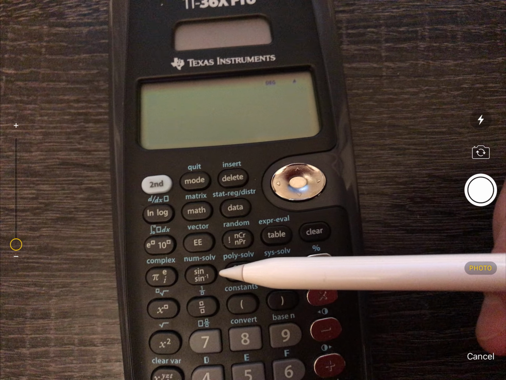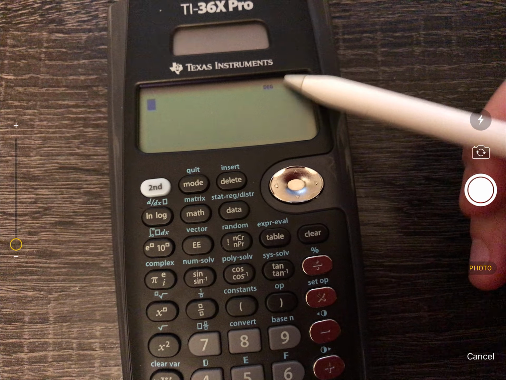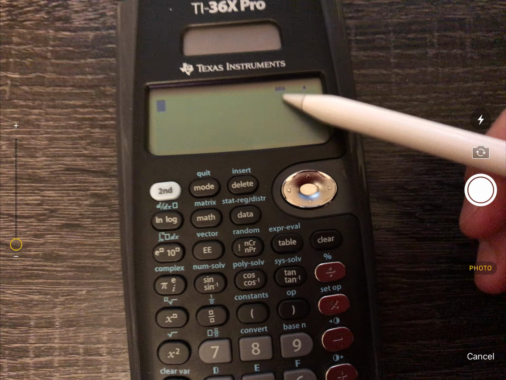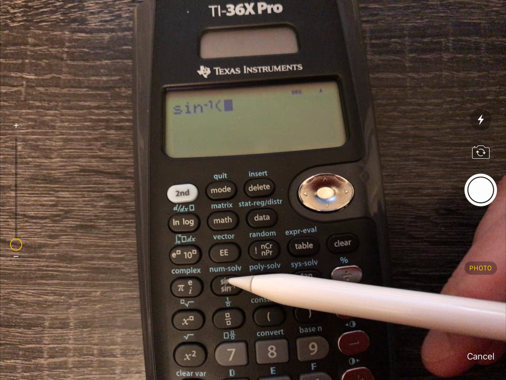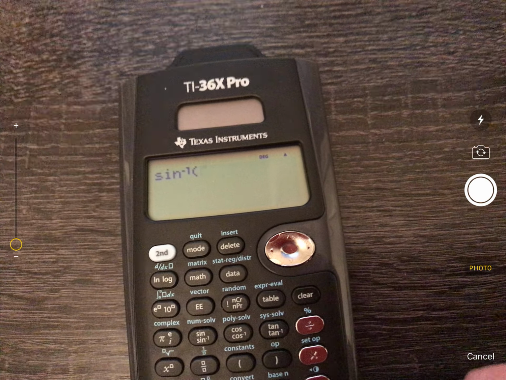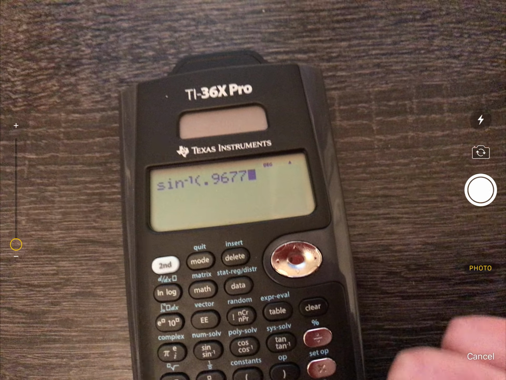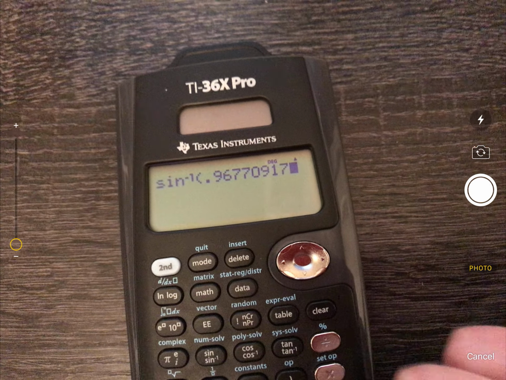A lot of times you have your sine function button, and then the second key will be your inverse. Most calculators do it that way. This says angle in degrees in the book, and that makes a difference. I'm already in degree mode. If it said angle in radians, then you would just change it to radian mode. So I'm going to hit this twice.